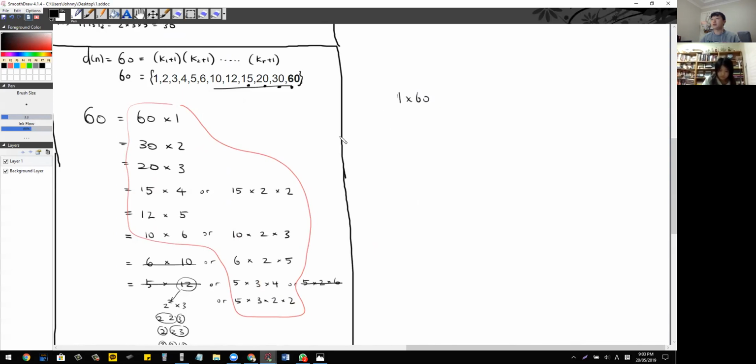So 1 by 60. 2. But that's impossible. 1 is not possible. That means k must be 0. So I'm going to cross that out with a different color.